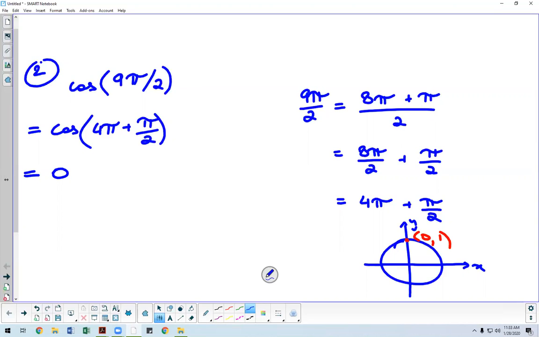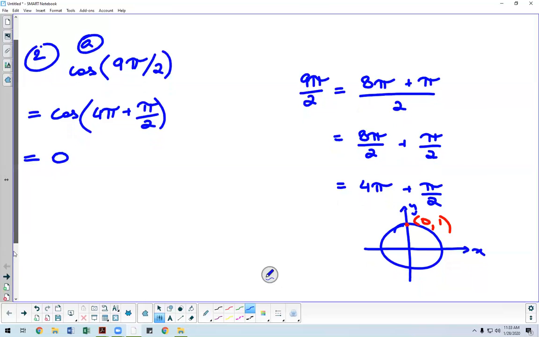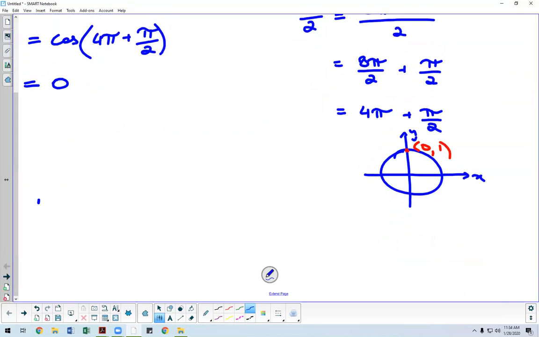So using that same idea with sine of negative 7 pi over 3, so this was part B. In that same way, how can we break down negative 7 pi over 3?